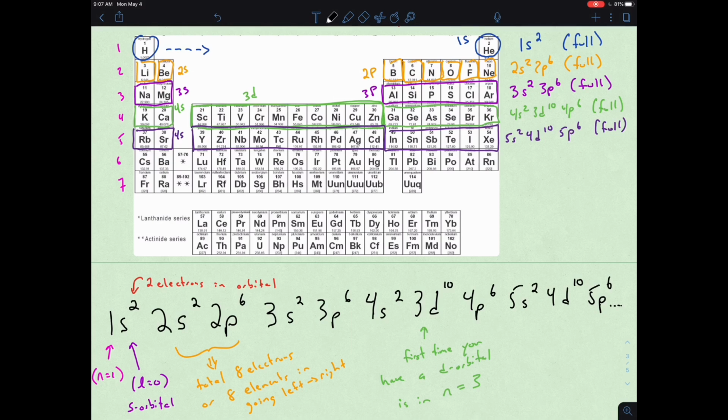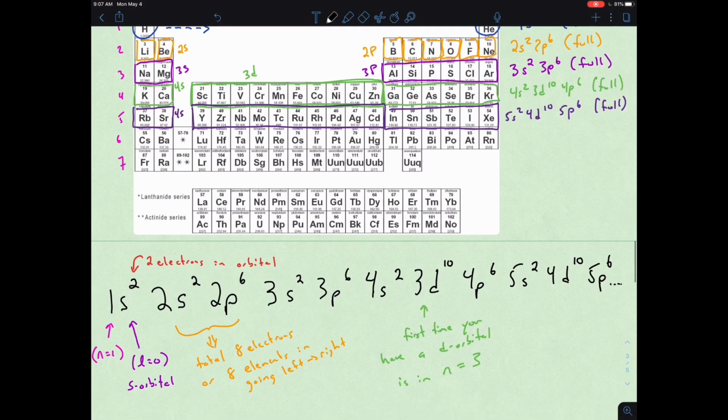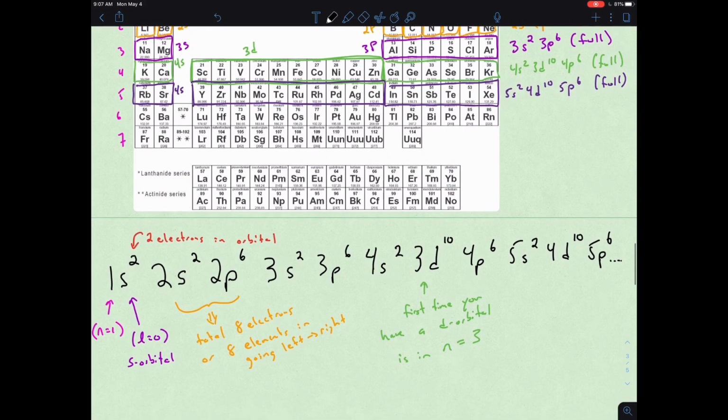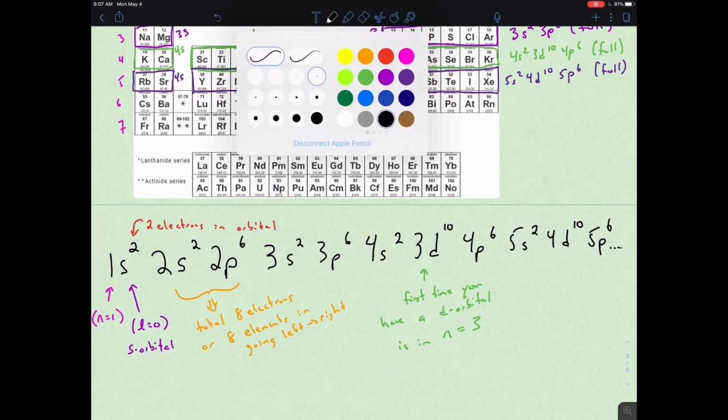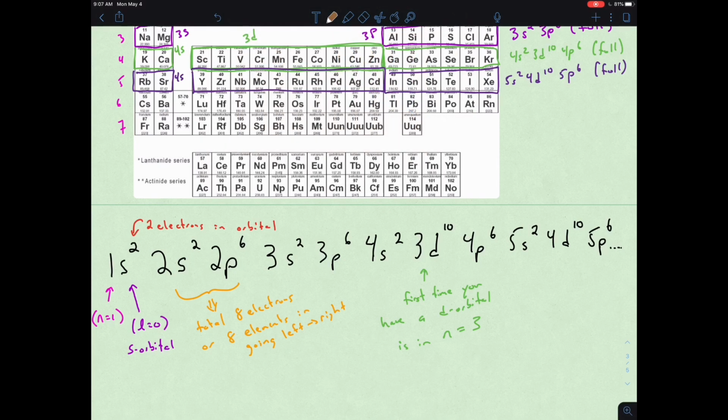So now we have to keep going, and here is where we find another somewhat of a hiccup within the system. We are going to come now to this area with our cesium and our barium.